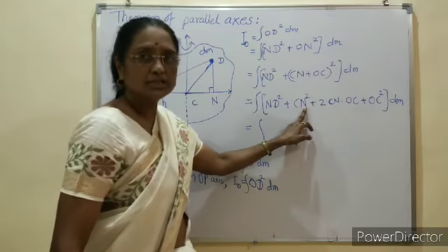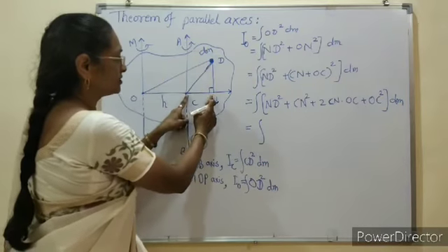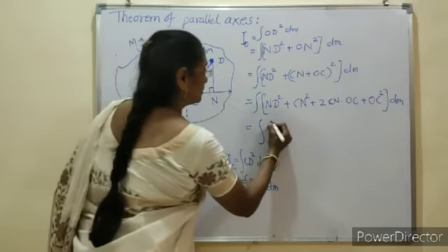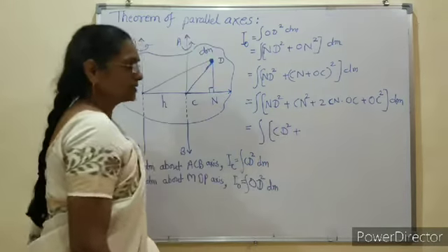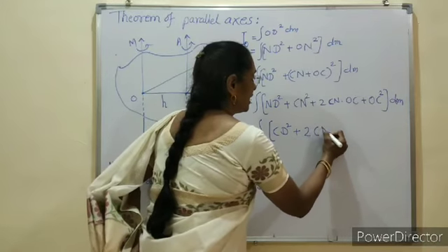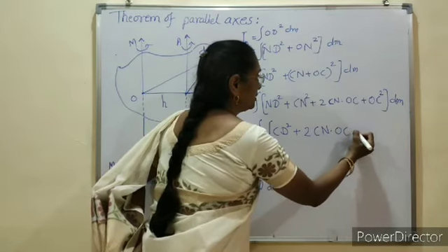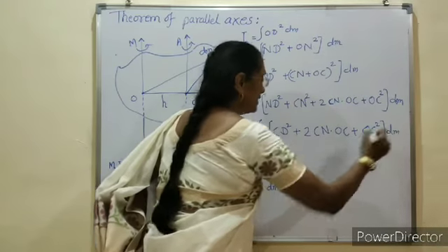ND square plus CN square is equal to CD square. So CD square plus twice CN into OC plus OC square, multiplied by dm.